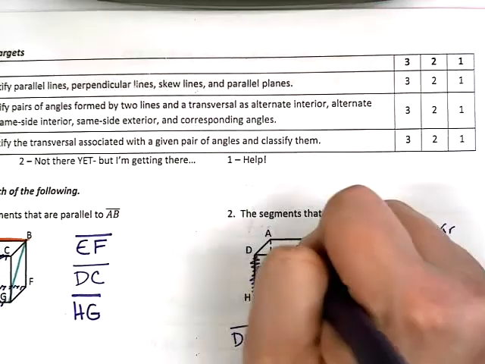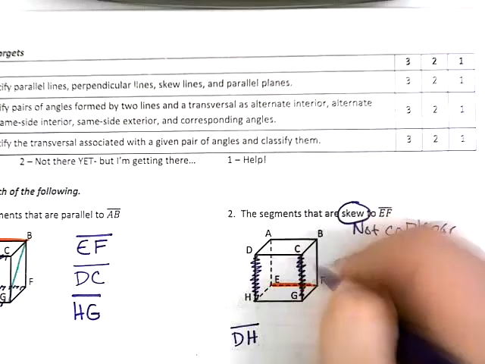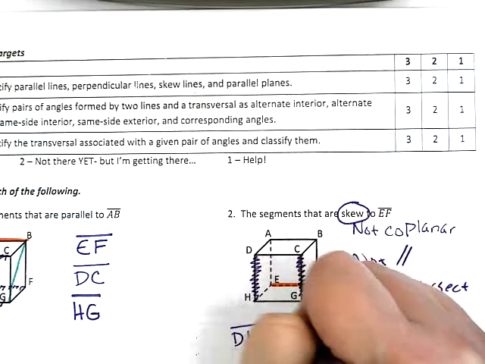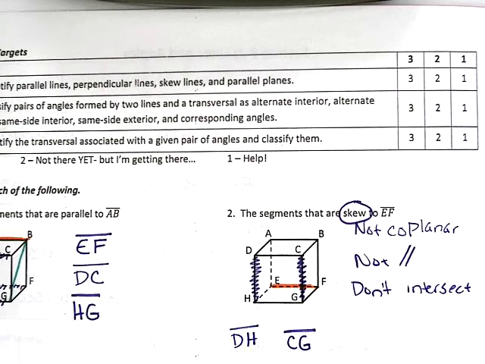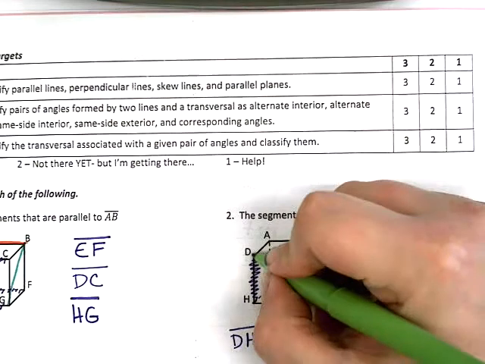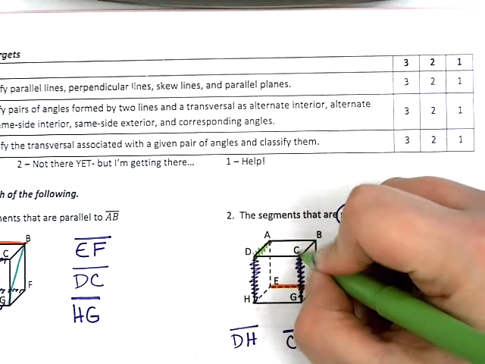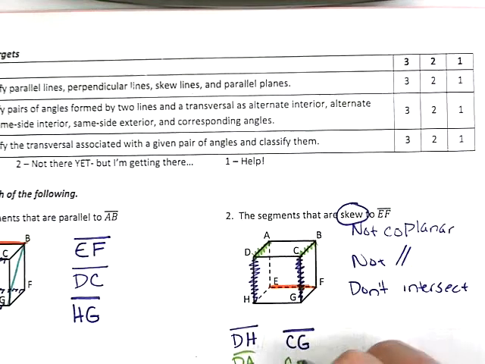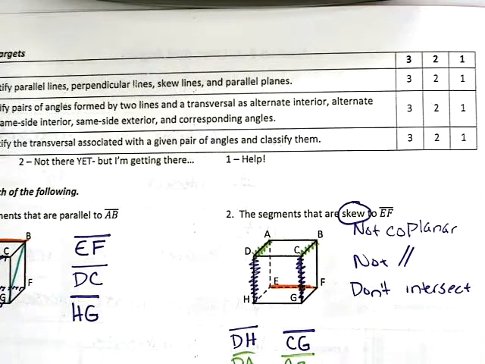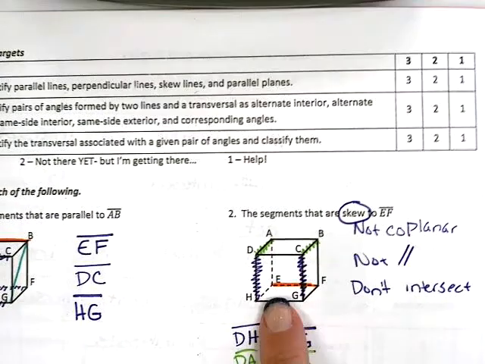Similarly, CG is also one that is skew to EF. And we also have DA and CB that are skew to EF. Again, look at the green ones compared to the orange.